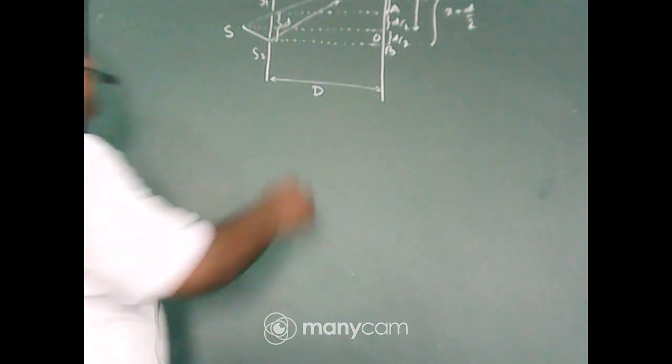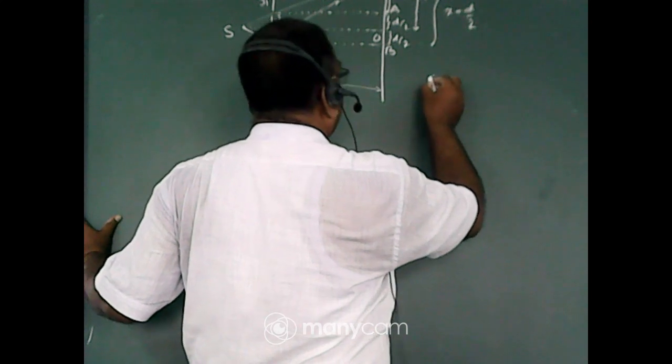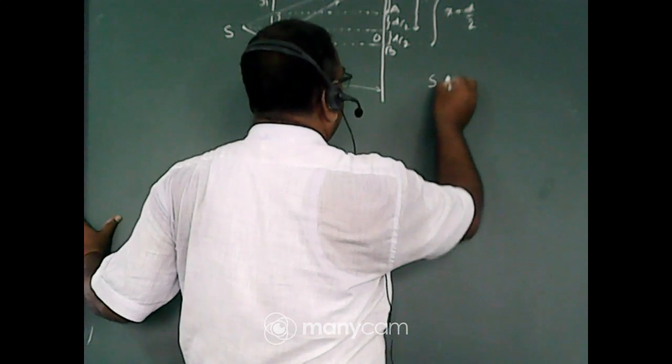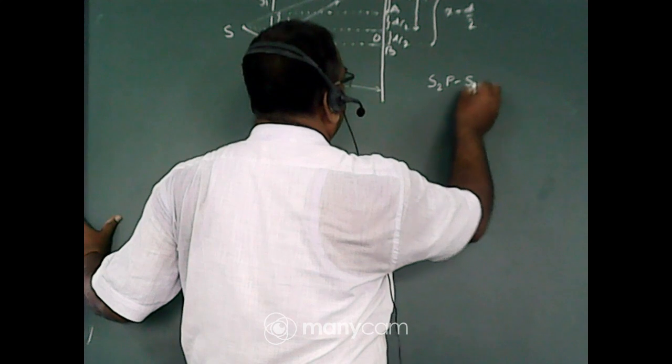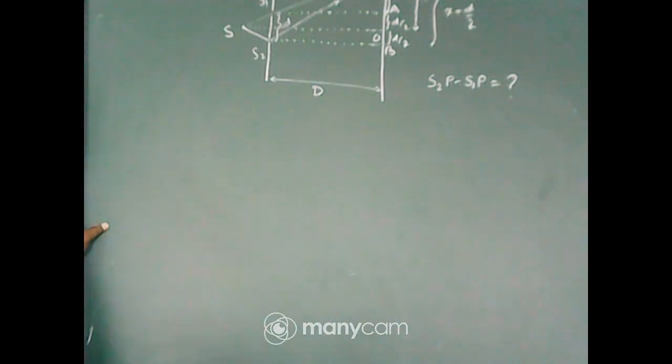How can I find the path difference? The path difference between the two monochromatic waves is S2P minus S1P. The sources are the same, frequencies are the same, phase is the same or has a constant phase difference.